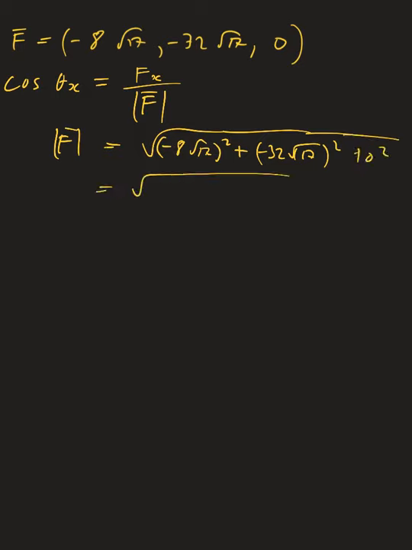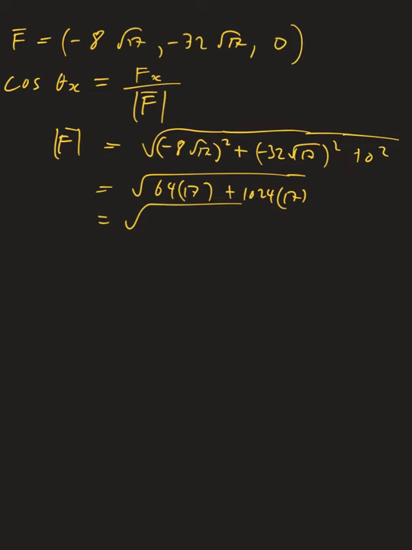So that's equal to the square root of 64 times 17 plus 32 squared, which is 1024, times 17.